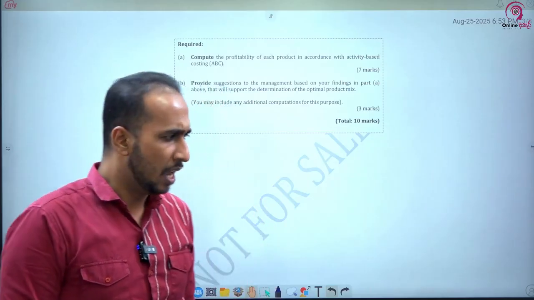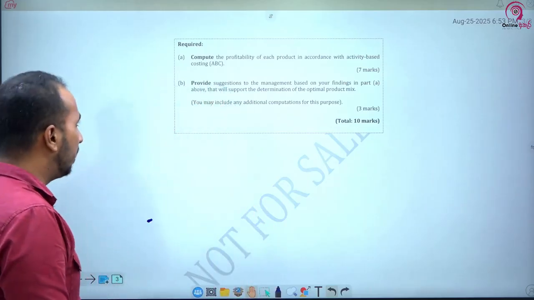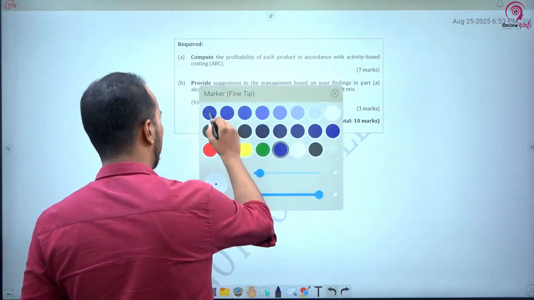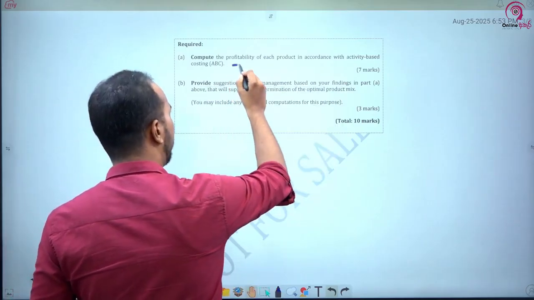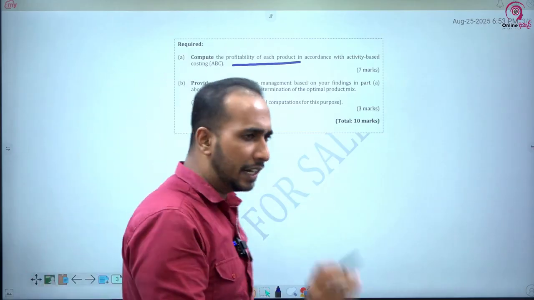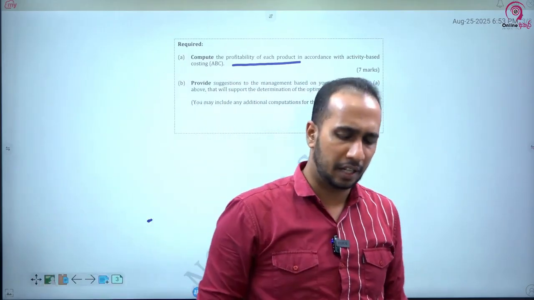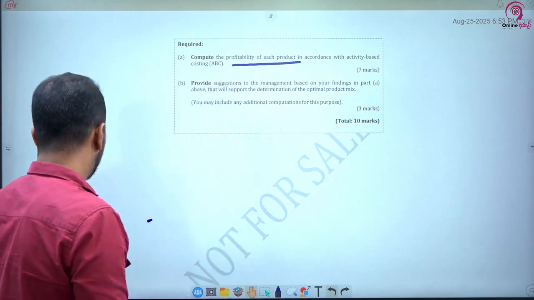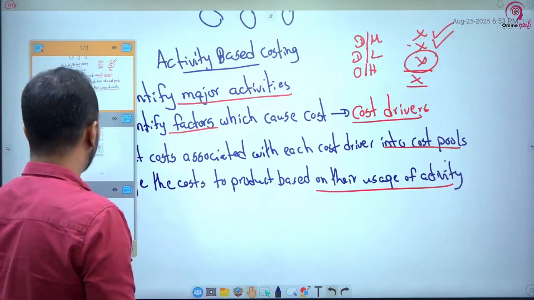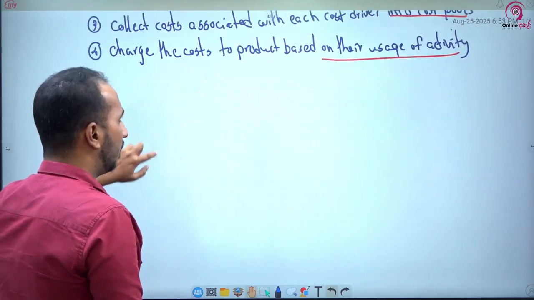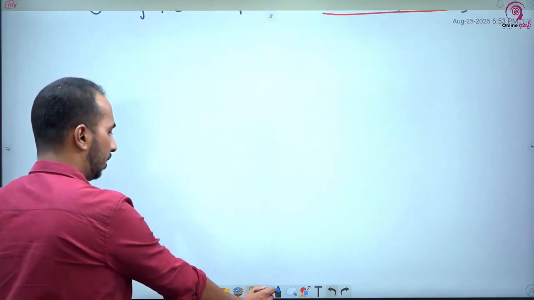Now you have to apply your knowledge of activity-based costing. So the very first thing is you have to compute the profitability of each product in accordance with activity-based costing. So let's start with that. I will take you to the computation.